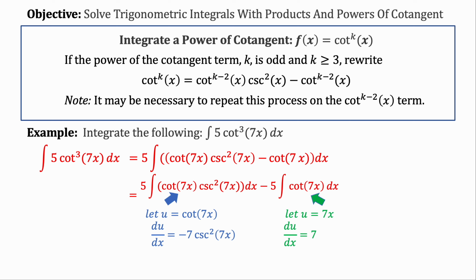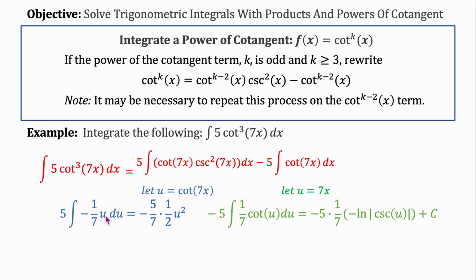Now that we've got our u substitution, let's set up our integrals in terms of u. Our cotangent of 7x is u. For the cosecant squared of 7x, we have to get rid of the negative 7, which is why we see that negative 1/7. Similarly here, we have to get rid of that 7, so you see that 1/7, and that's the cotangent of u. We know a rule for that, which is going to help us. So now let's take the integral of these two things in terms of u.